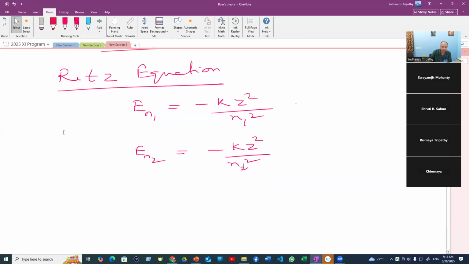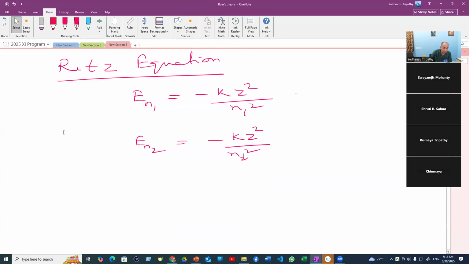And if you take the difference, which is required to know what is the frequency or wavelength or wave number of the radiation that has to be absorbed or emitted during absorption mode or emission mode respectively. So del E is equal to E n2 higher minus E n1, is equal to, if you take this, it will be plus. I'm just leaving steps. This minus minus will be plus.